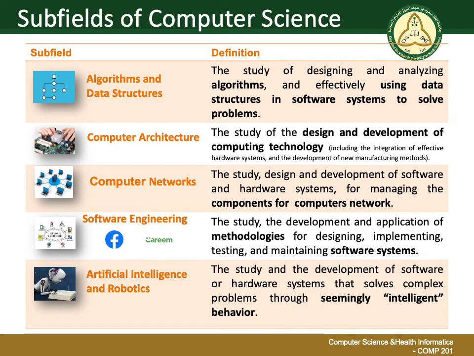These are examples of these subfields: algorithms and data structures. Algorithms and data structures is the study of designing and analyzing algorithms and effectively using data structures in software systems to solve problems. It specializes in studying the design and analysis of algorithms, which is better, and comparison. We use arrays, stacks, linked lists, and the things in the computer in which we store data. This is one of the famous subfields in computer science: algorithms and data structures.